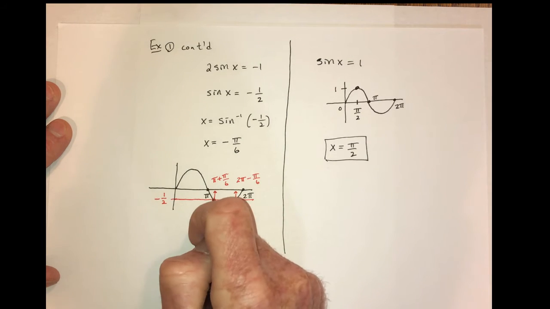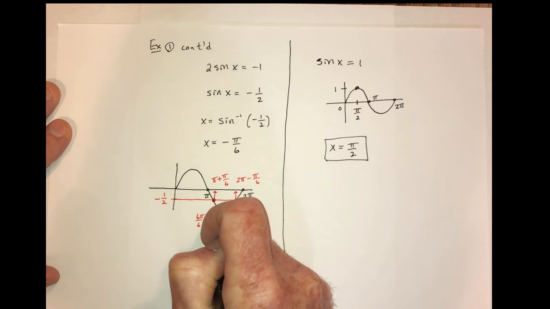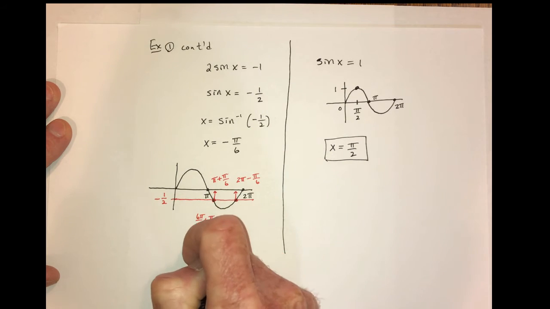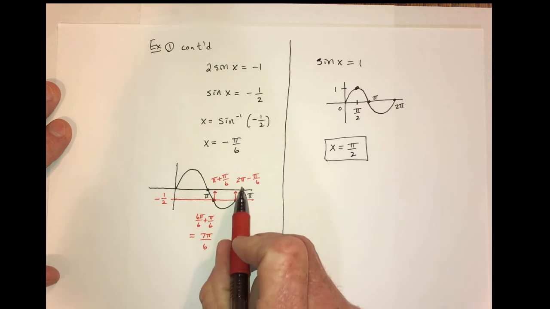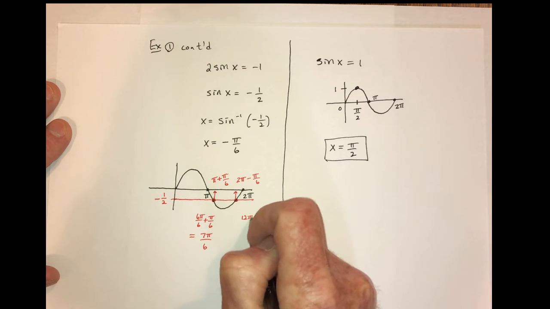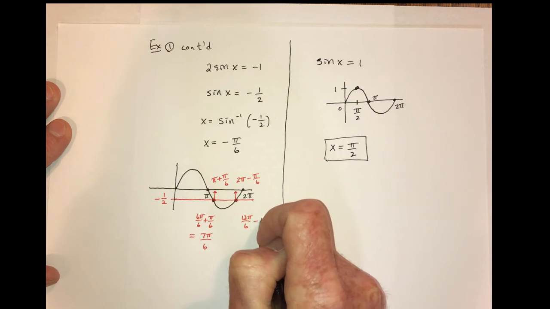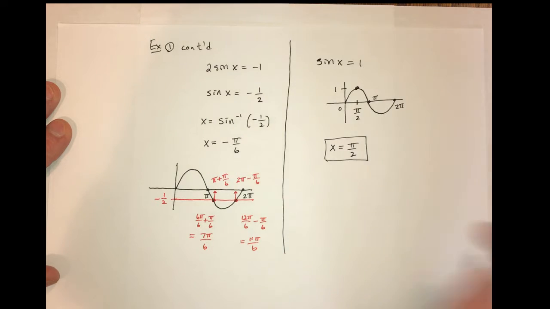So for this one, it's going to be 6 pi over 6 plus pi over 6 equals 7 pi over 6. And for this one, it's going to be 12 pi over 6 minus pi over 6 equals 11 pi over 6.